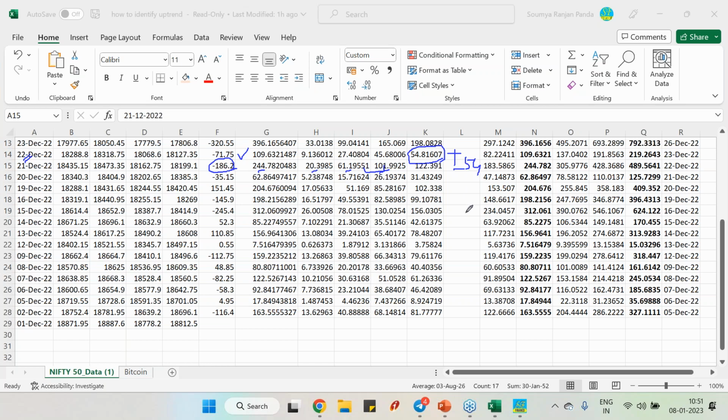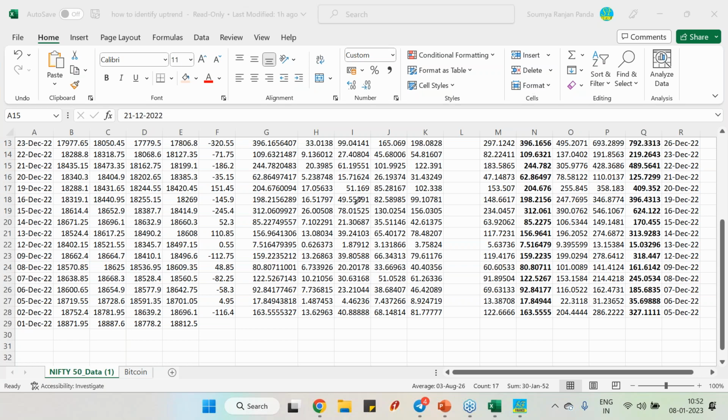The moment it crosses plus 54 or minus 54, we are into the uptrend or downtrend. Then it can go till 200 points of fall or rise, 219. Once 219 is crossed, it can go for one more cycle. The second cycle will start, and that can go till 720. So this is what we have got.